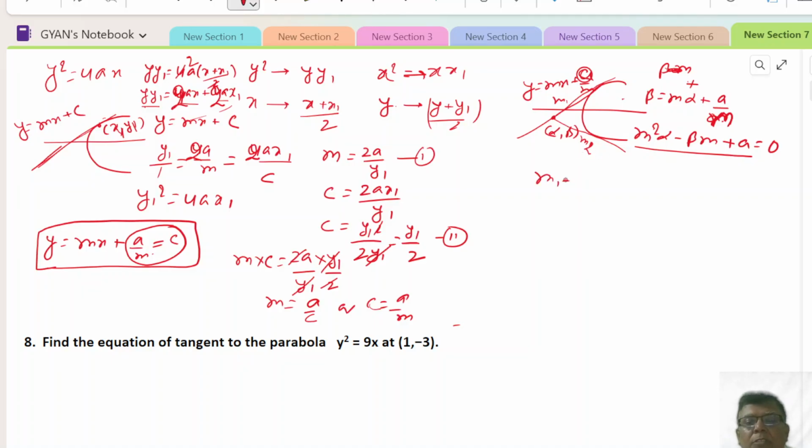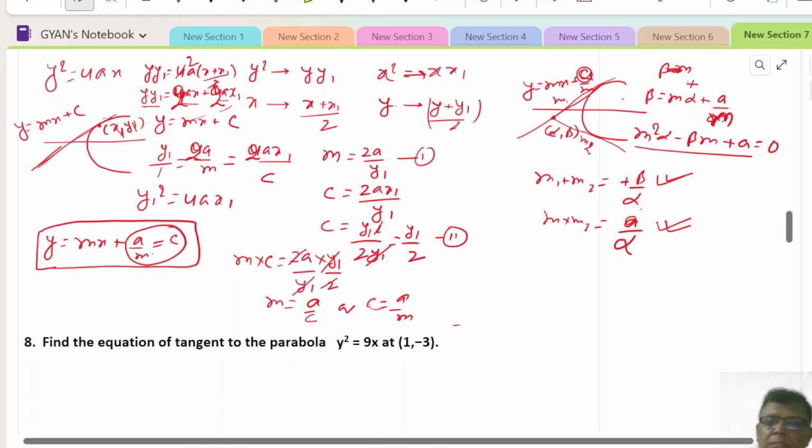So m1 plus m2 is equal to beta by alpha, and m1 into m2 is equal to a by alpha. So this is the most important formula. These two formulas we can use for finding so many things that we will see in these examples.